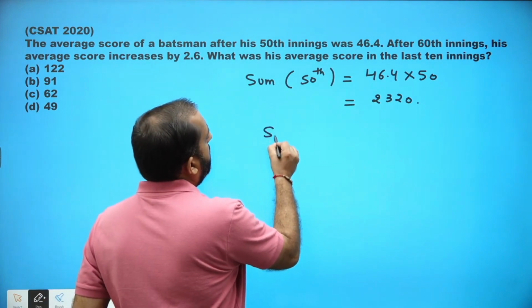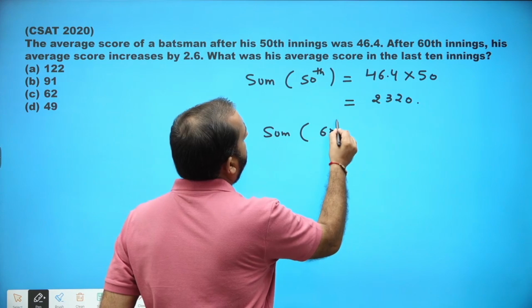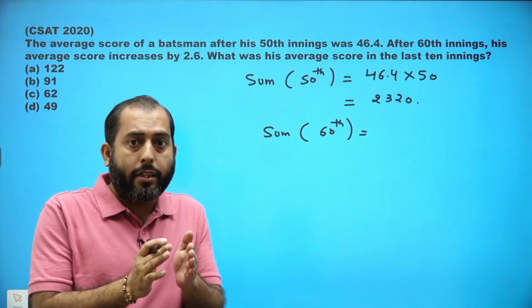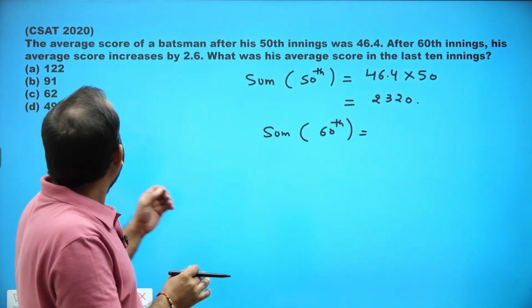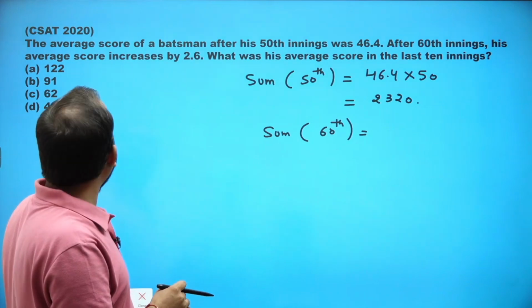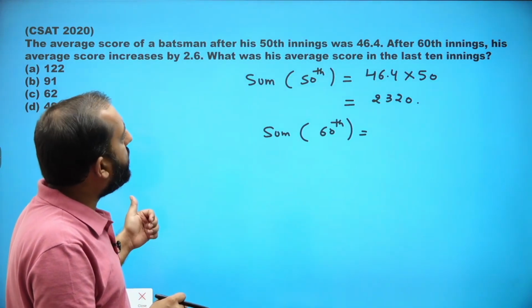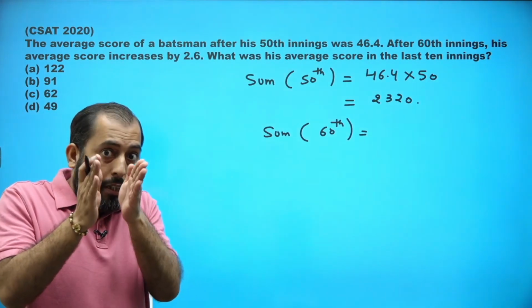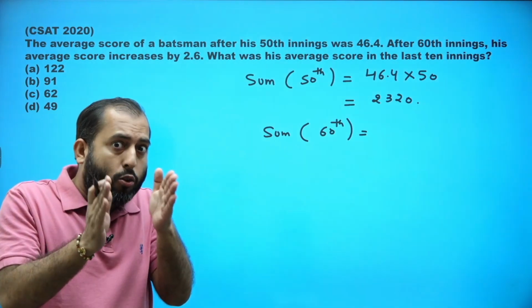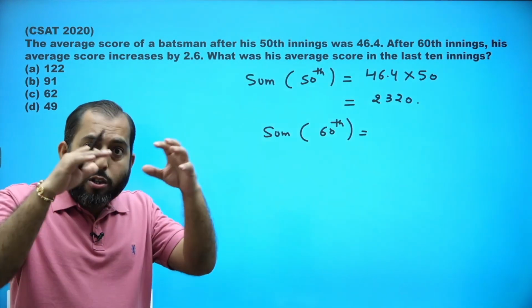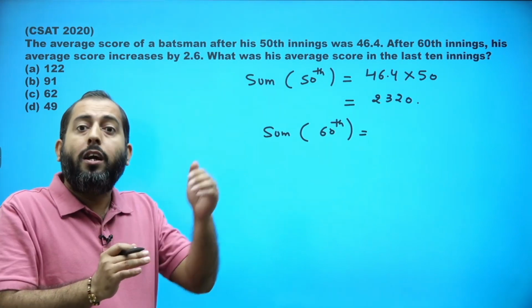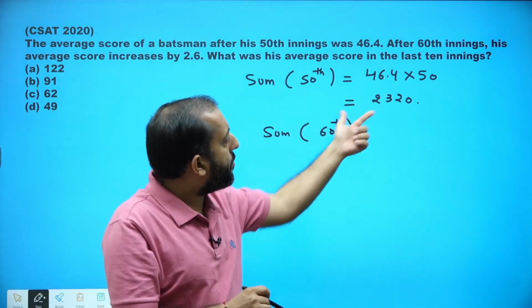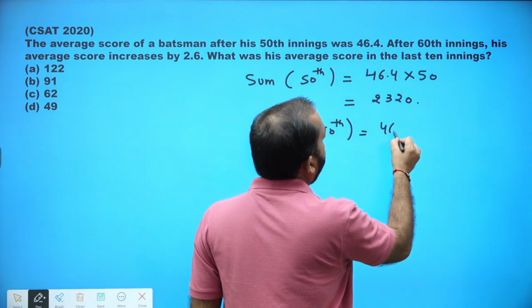So the sum till the 60th inning. Try to understand. After the 60th inning, his average score increases by 2.6. Meaning, if you talk about the average till the 60th inning, then his total average will be 2.6 more than the previous average. The previous average was 46.4.